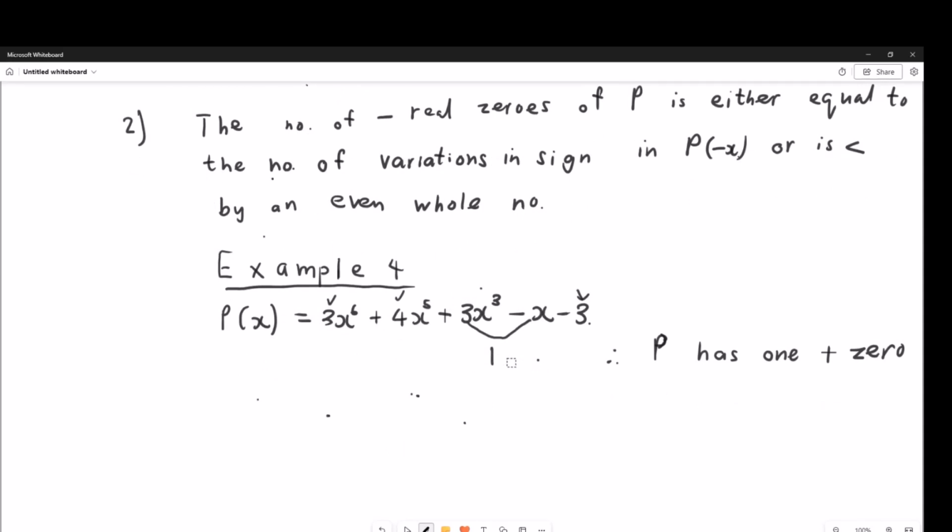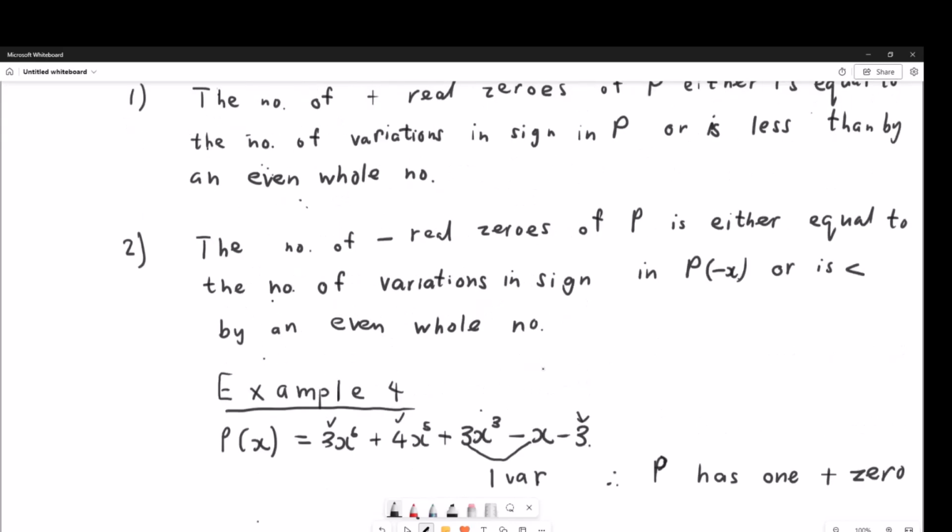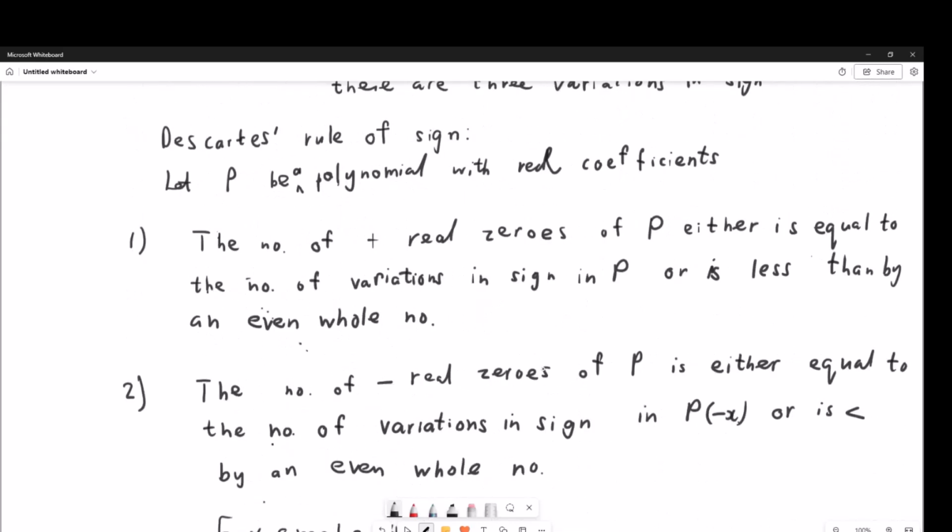So it's one variation in sign here. Meaning from point 1, P has one positive zero, right?